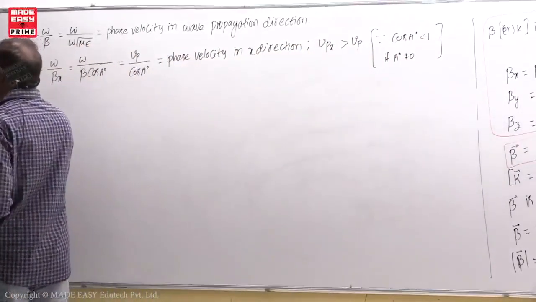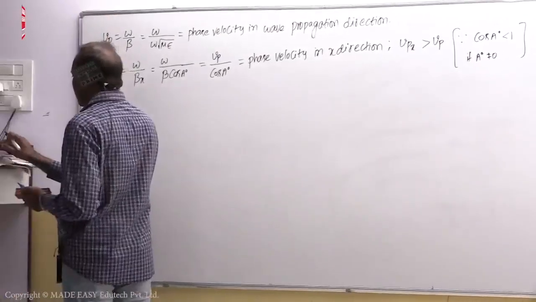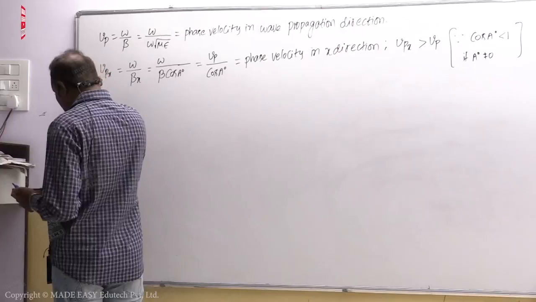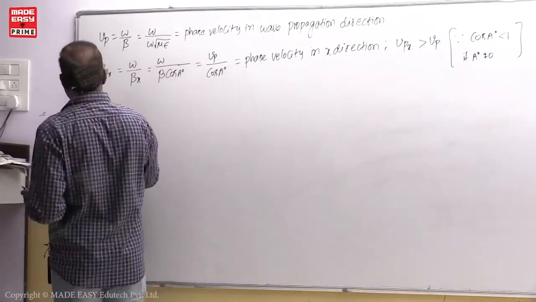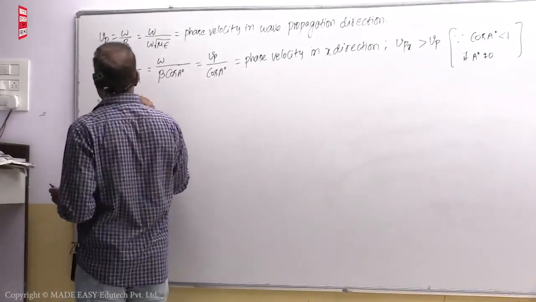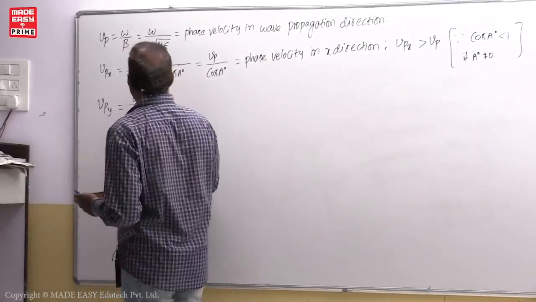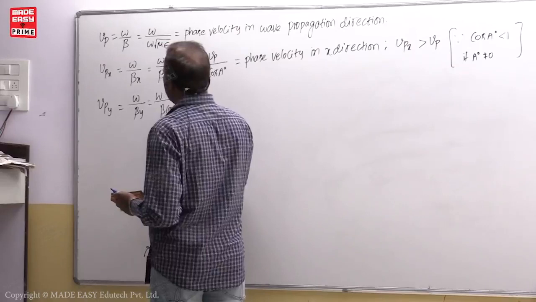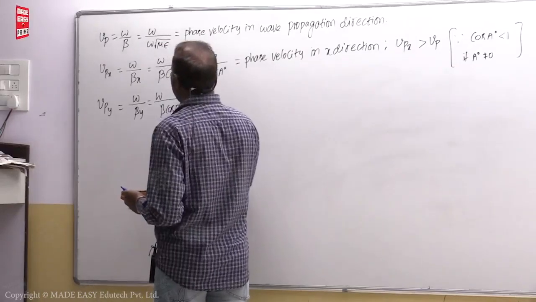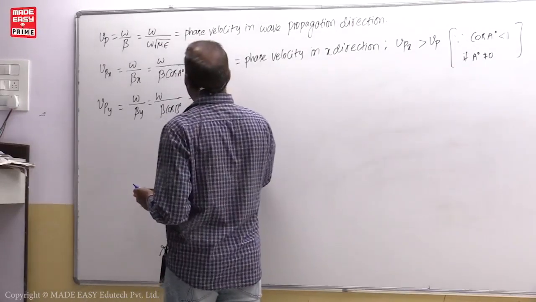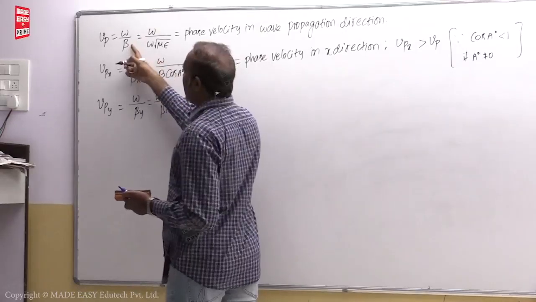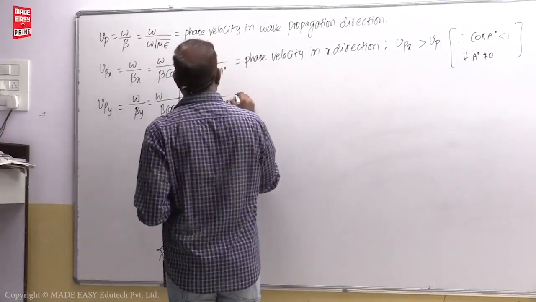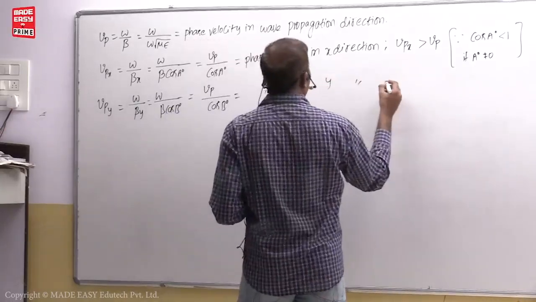So ultimately, students, for the other cases also, Vpy is equal to omega by beta y, that is omega by beta cos B degrees. Omega by beta is the phase velocity in the wave propagation direction, divided by cos B degrees, that is the phase velocity in the y direction.